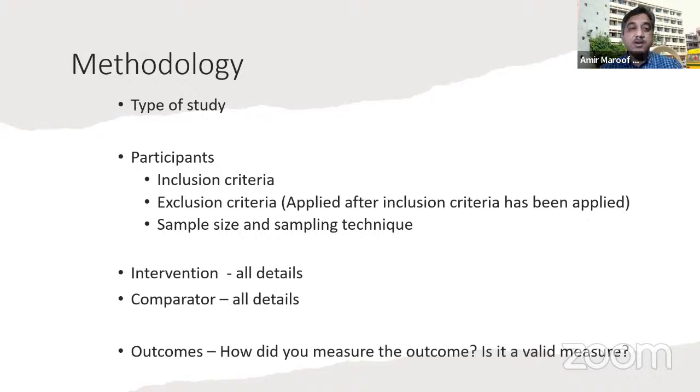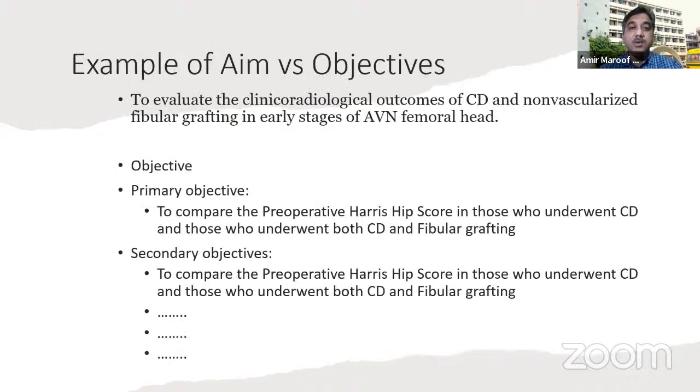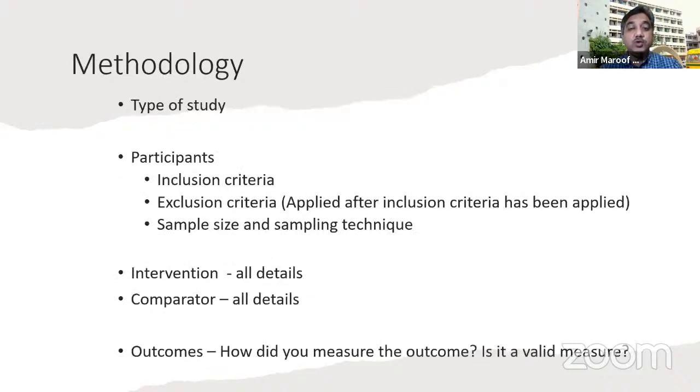If you are comparing mean scores, consider this study, the postoperative Harris hip score. If you want to compare these groups, you should have an estimate of what this score will be in this group and that group, based upon the results of other studies done on the same topic. If you don't have any study done on that topic, before going for sample size calculation in the thesis, it is always better to do a pilot study.